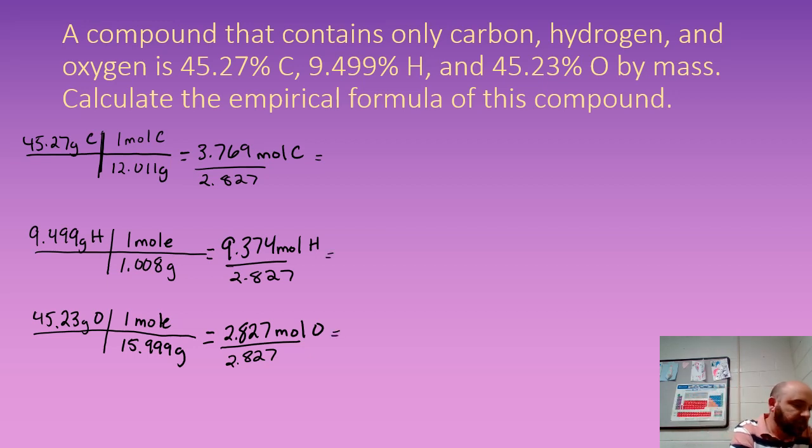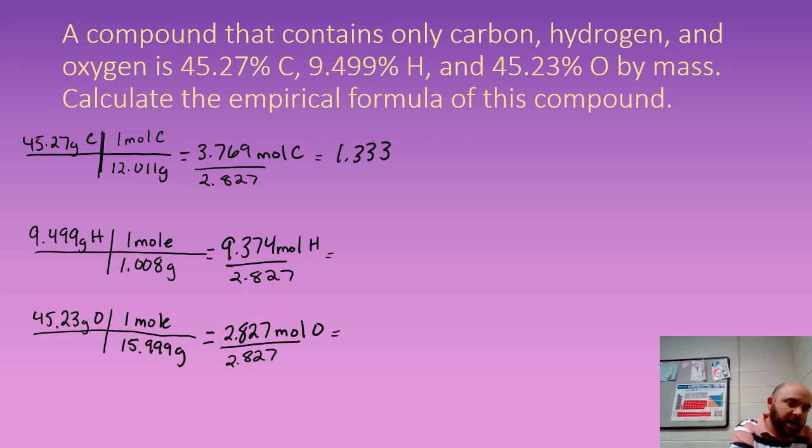And on the first one, 3.769 divided by 2.827 is going to equal about 1.33.